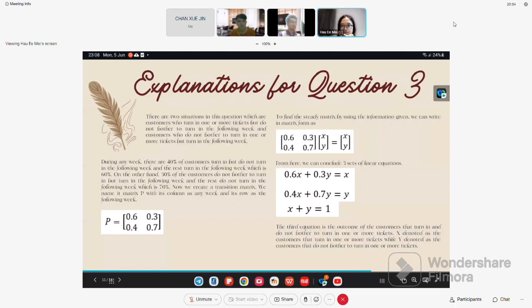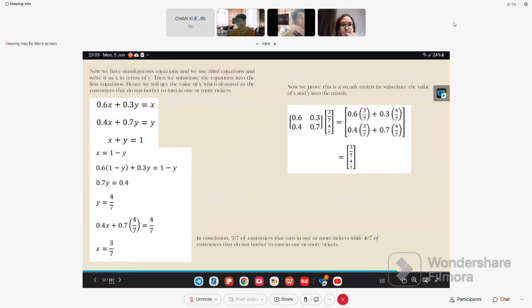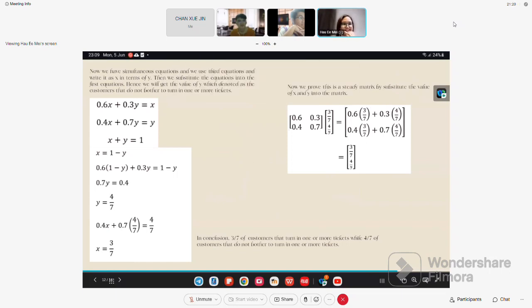The third equation is the total outcome of the customers that turn in and do not bother to turn in one or more tickets, where x denotes the customers that turn in one or more tickets, while y denotes the customers that do not bother to turn in one or more tickets. So now we have simultaneous equations, and we use the third equation and write x in terms of y, so x equals 1 minus y.